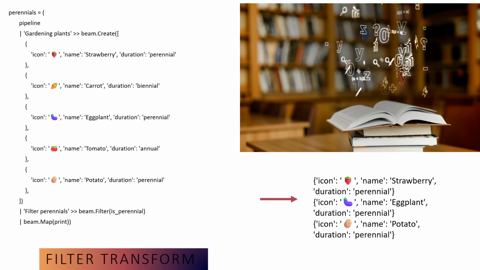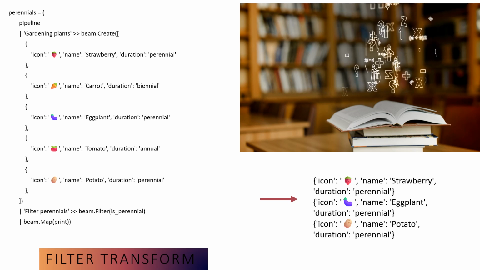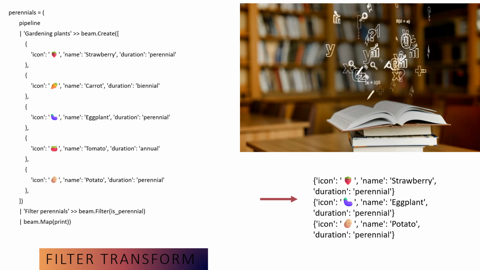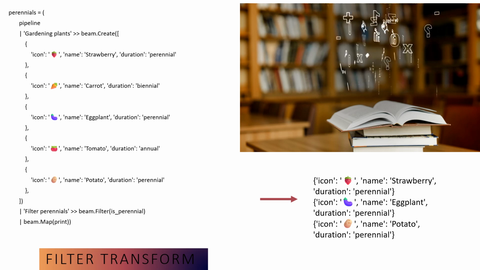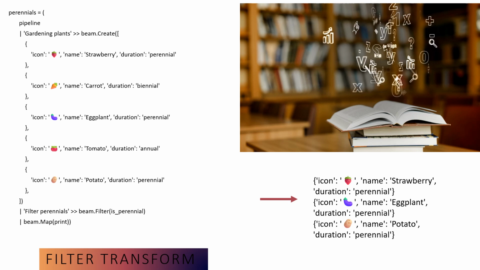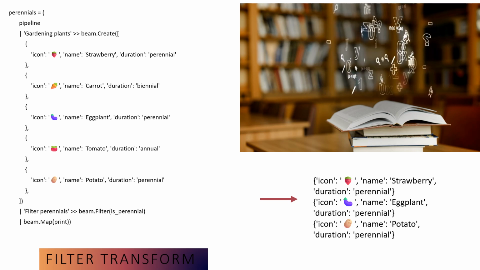Finally, we pass our function directly into the filter transform. Please be aware that we never use function parentheses when passing our function to the transforms unless that function has arguments. Now, as we can see over on the right hand side, that's going to be our output of this filter transform.